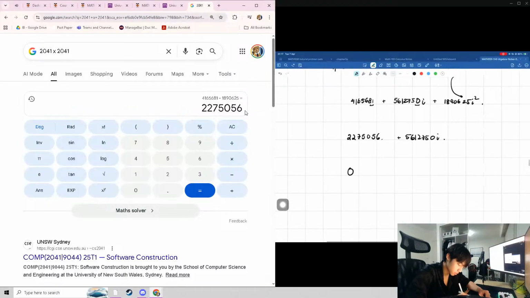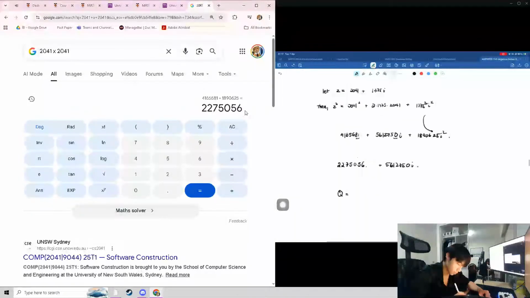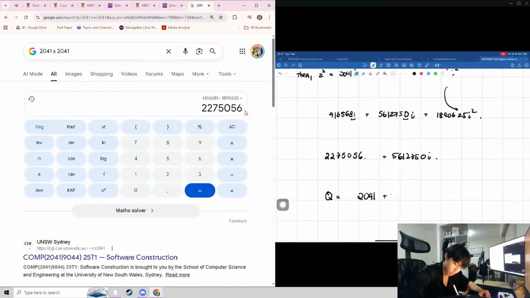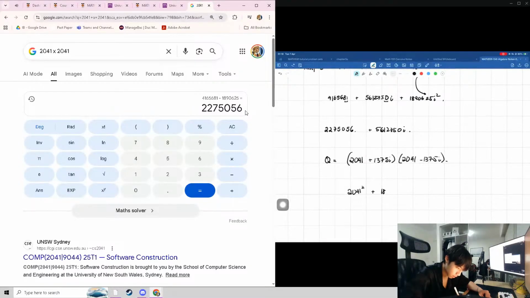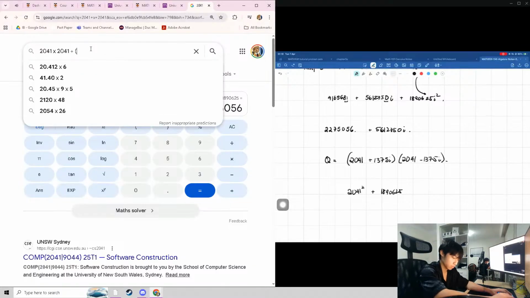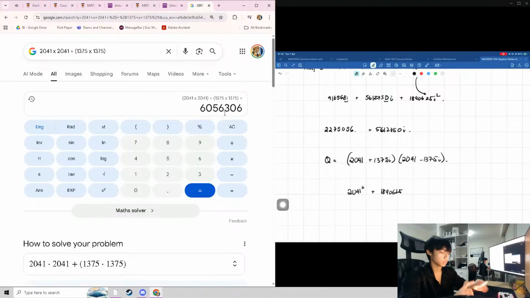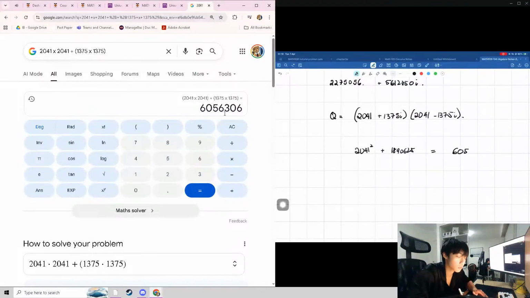And then our quadrants is equal to 2041 plus 1375 times 2041 minus 1375. Basically, we got 6 million. 6306.